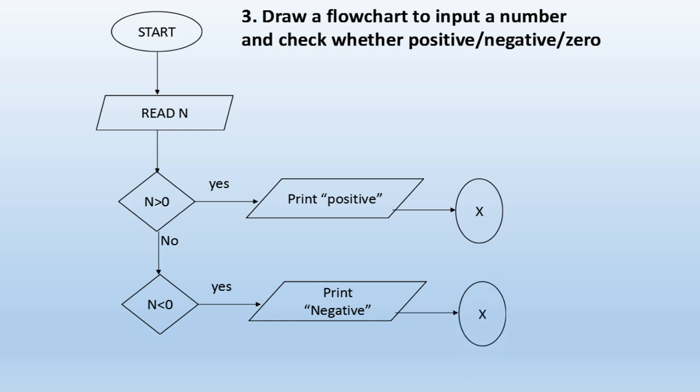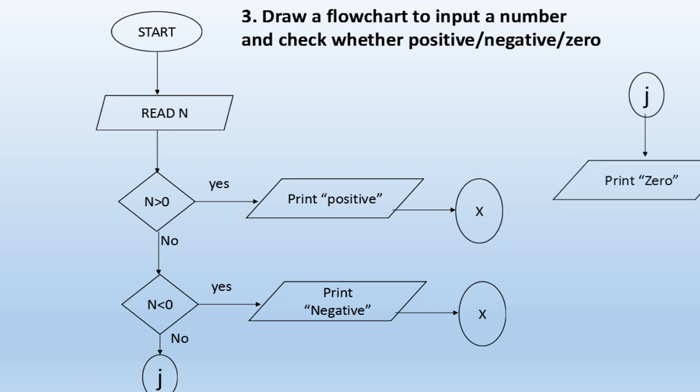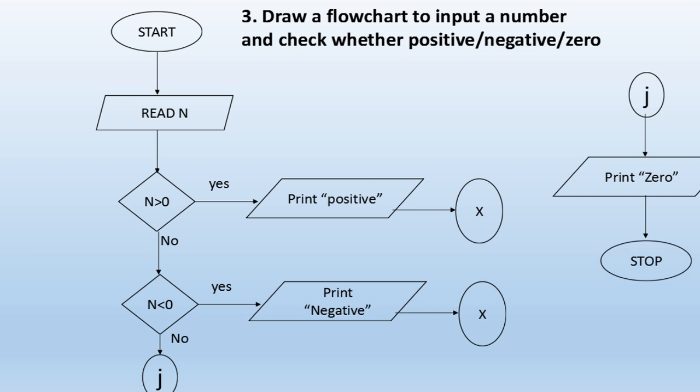This is the on page connector. And if it is no, that means it will connect to J. Now what is J? From here, it will take you to this part, and it is printing. So if it is not positive and not negative, then it will come here and it will tell you it must be 0, and then stop.